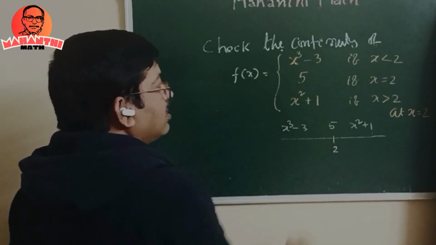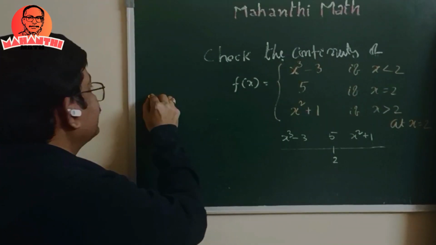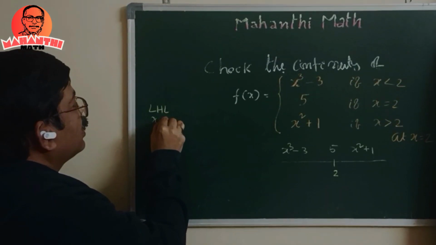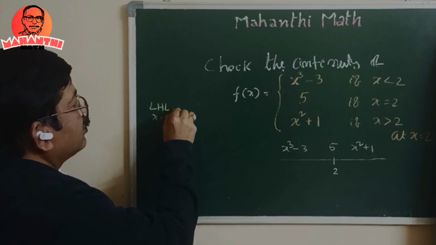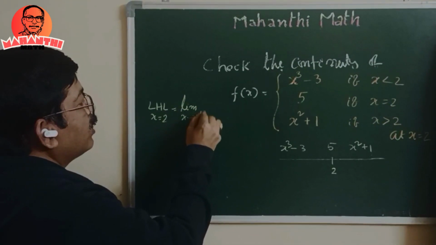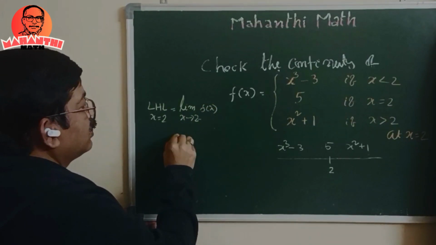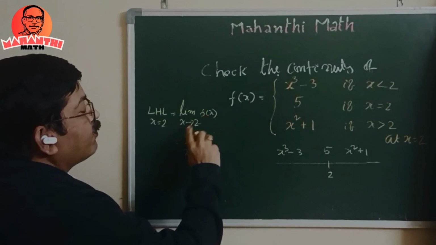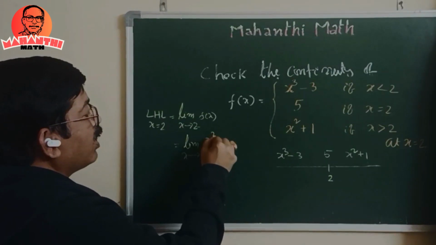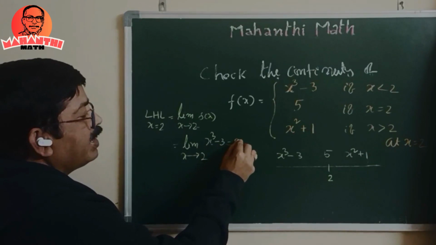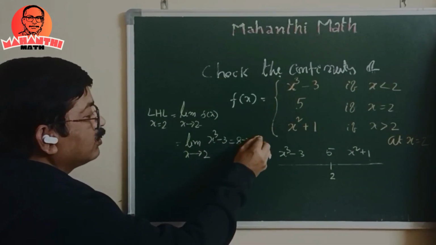Now I will write LHL at x equal to 2. All of you know the notation. Limit x tends to 2 minus f of x. Left side function is x cube minus 3. So what is the limit? 2 cube minus 3, 8 minus 3, that is 5.